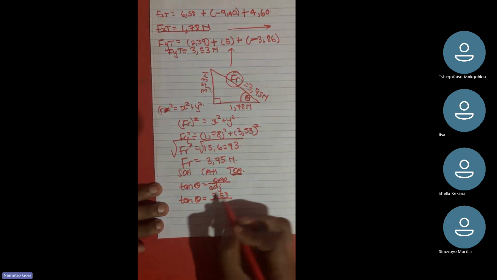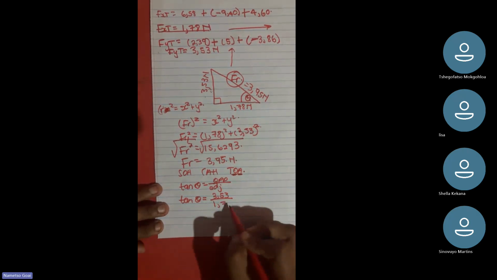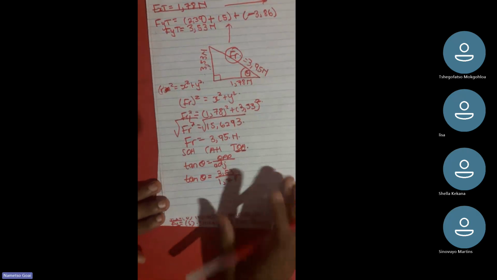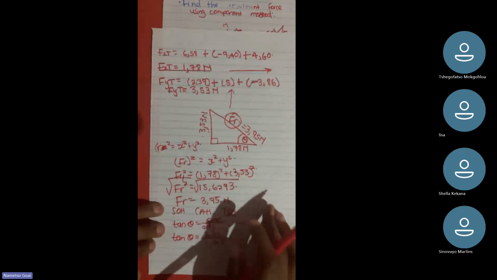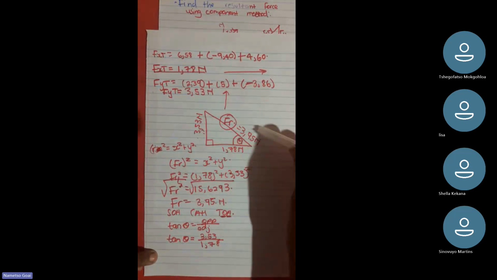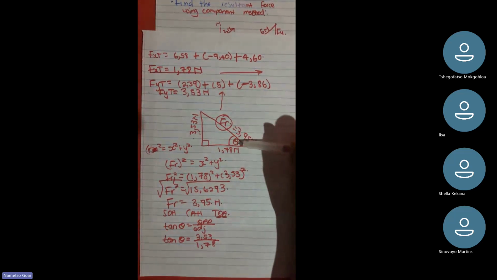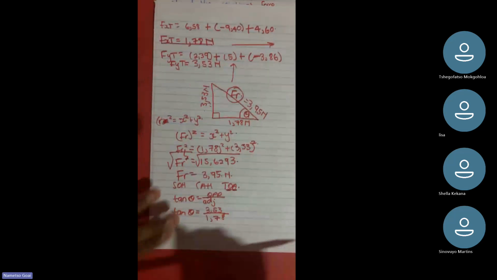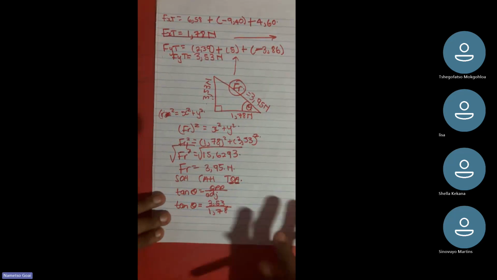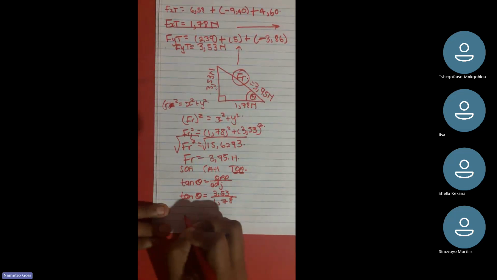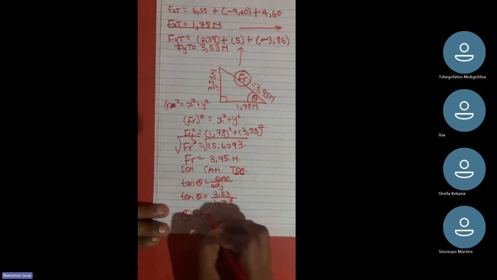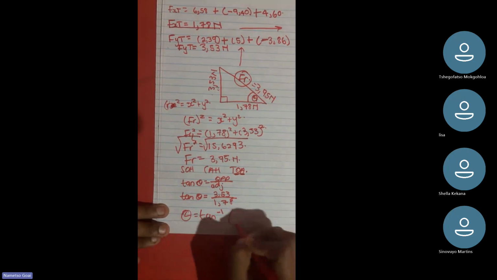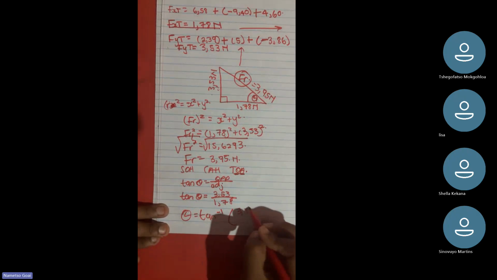So tan of theta will be, what is the opposite? 3,53 divided by 1,78, because this is the direction. Bear in mind, if they wanted the magnitude of the resultant force, they're also going to want the direction that it will take, right? So theta equals tan inverse of 3,53 divided by 1,78.